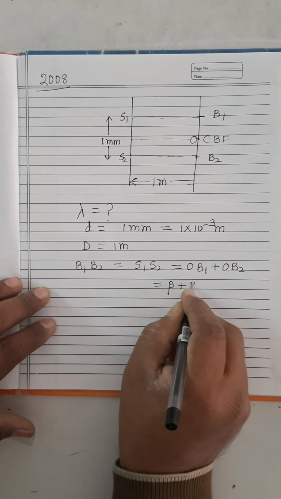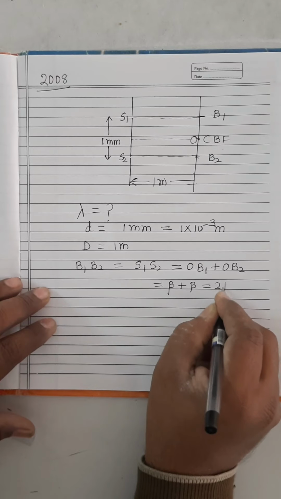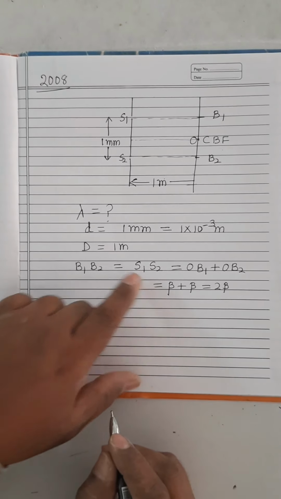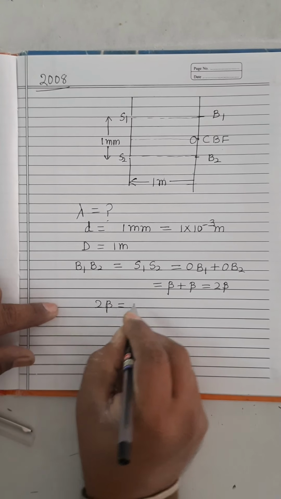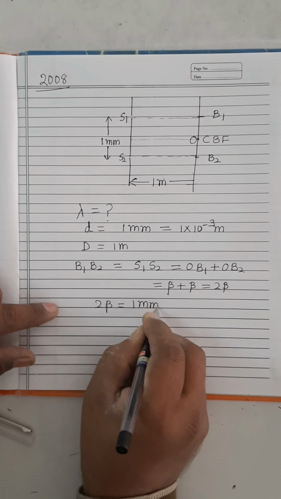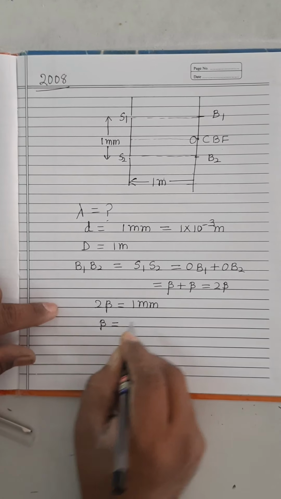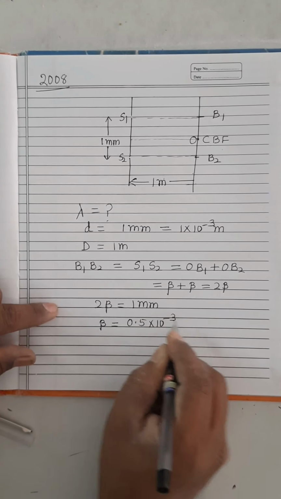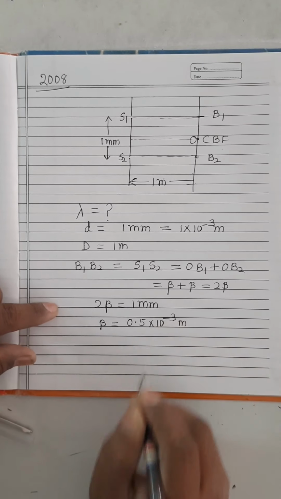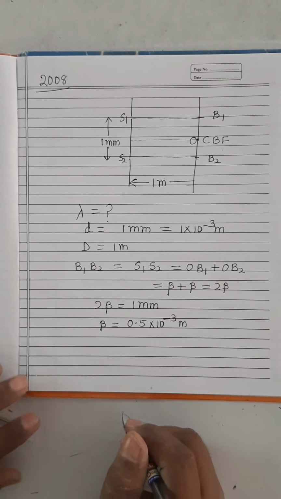So beta plus beta, that is 2 beta. But you know that S1S2 is 1 mm, so 2 beta equals 1 mm. So what will be beta? It will be 0.5 into 10 to the power minus 3 meter.